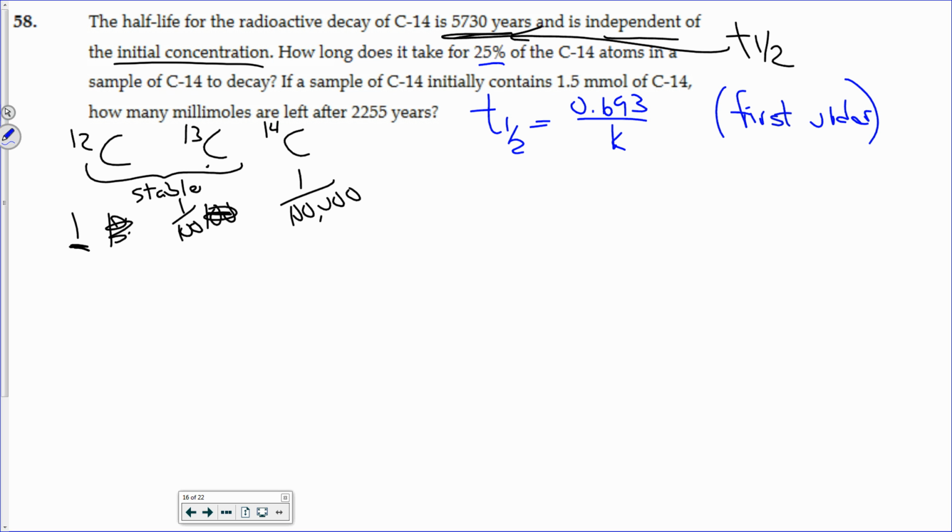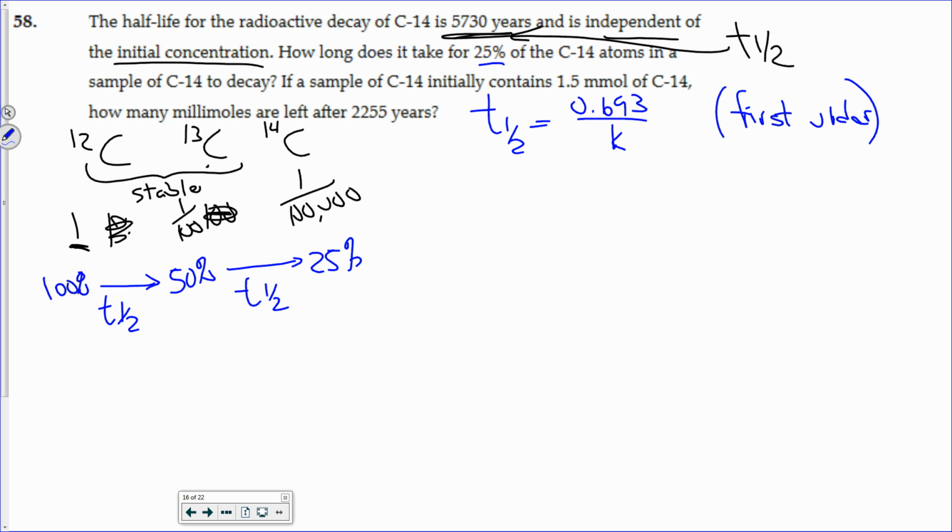So if we think of what's going on with that, to go from 100% to 50%, that's the definition of what a half-life is. So that takes a half-life. To lose half of that, half of the original 50 would take it to 25%. That would also take another half-life. So that's an easy one to answer.